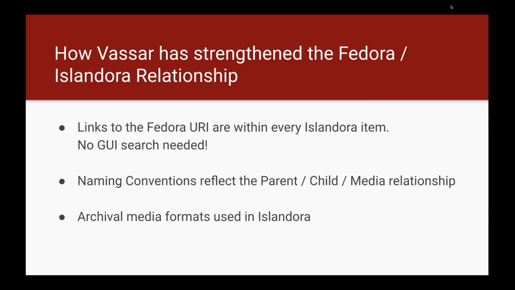It's a little manual, but it is possible. And also we make sure that we use archival media formats in Islandora because it is a preservation tool. We don't want to put access copies in there as our original files. We want to make sure we have our TIFFs, JP2s. So it is truly cool.